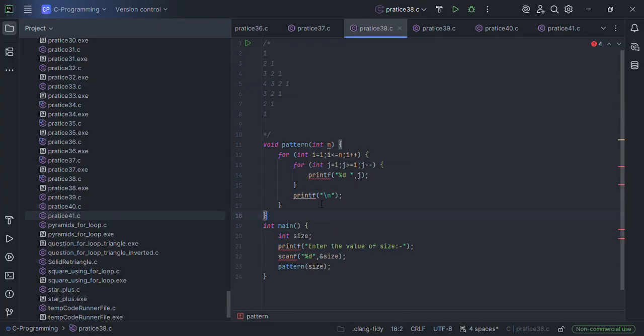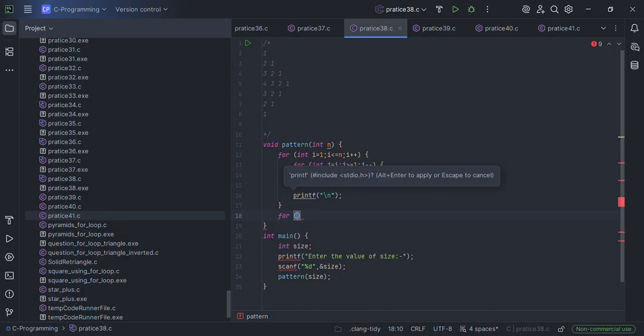Let's do the same thing for the lower half of the picture.